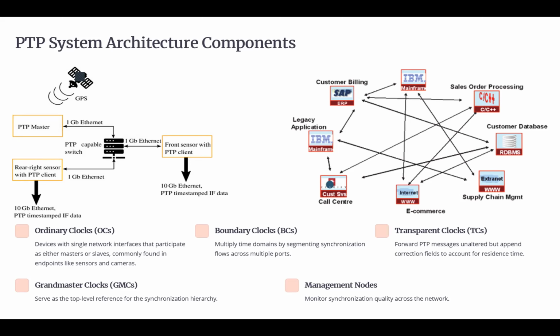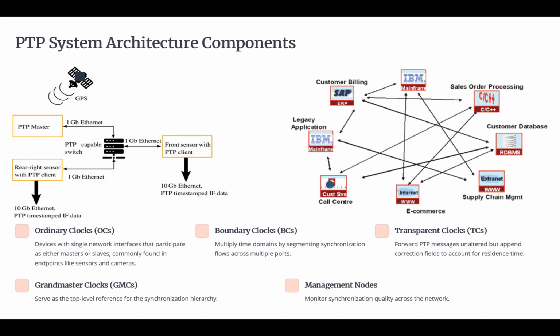So these are the simplest participants in a PTP system, like sensors or cameras, which either follow a time source or become one, if it has the best clock, one of the masters or the grandmasters. So they commonly are at the edge of the network, where accurate timing is needed.